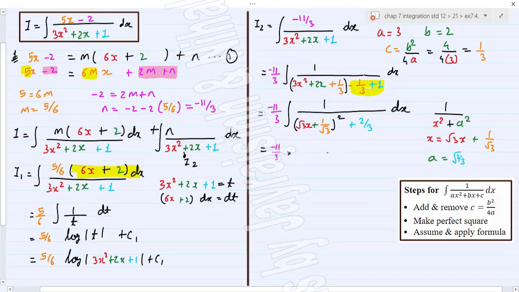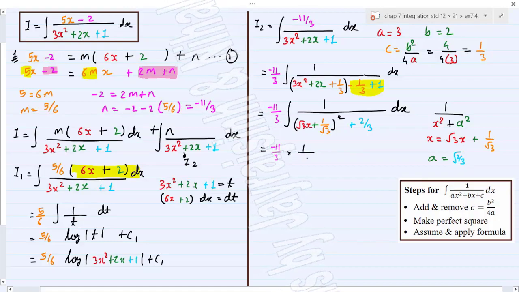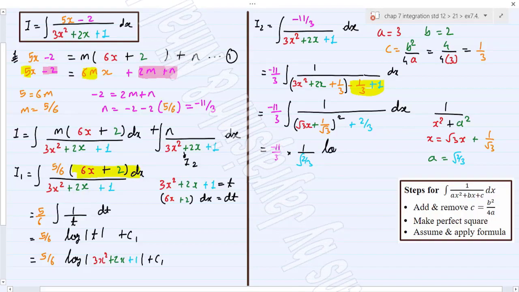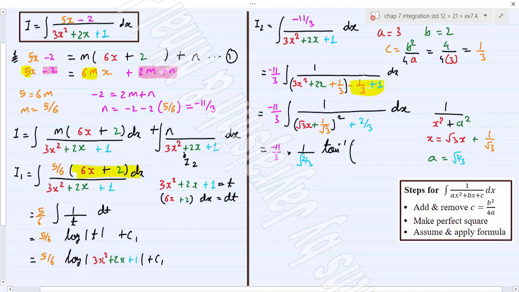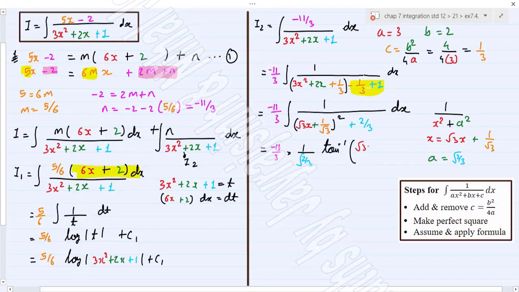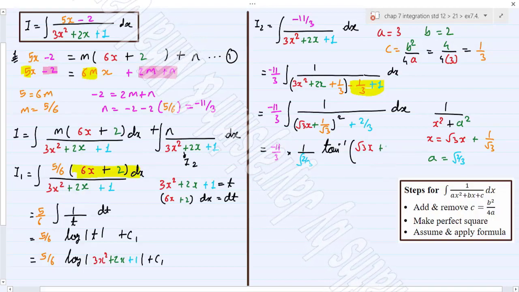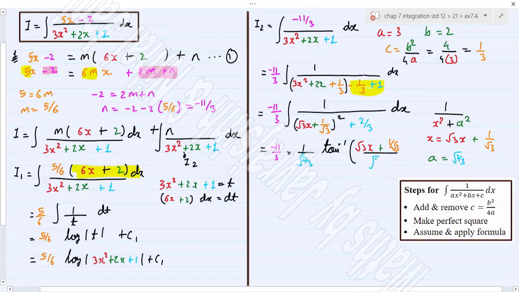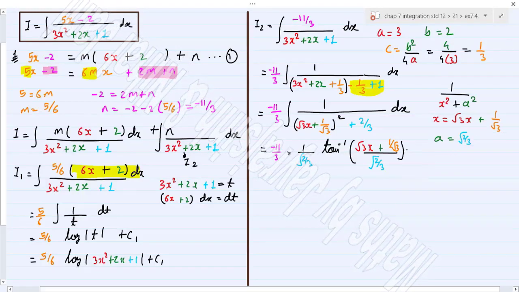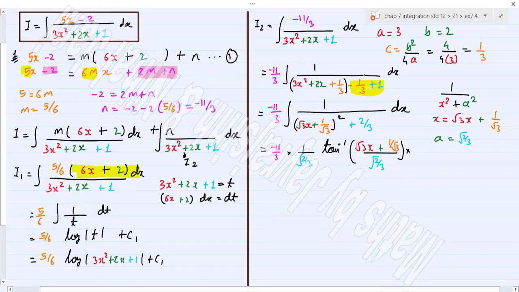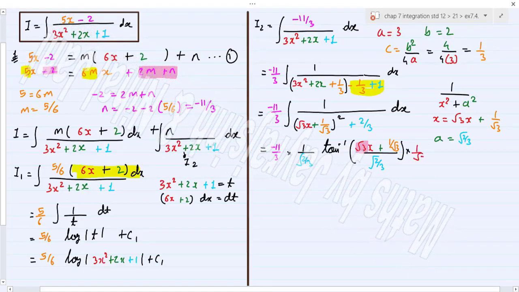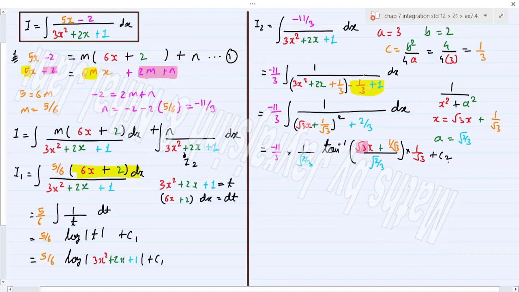So its integration will be 1 upon a, or we can say under root of 2 by 3 tan inverse of x by a, or we can say root 3x plus 1 upon root 3 upon root 2 by 3 into, we have to divide the coefficient of x, which is 1 upon root 3 plus c2.